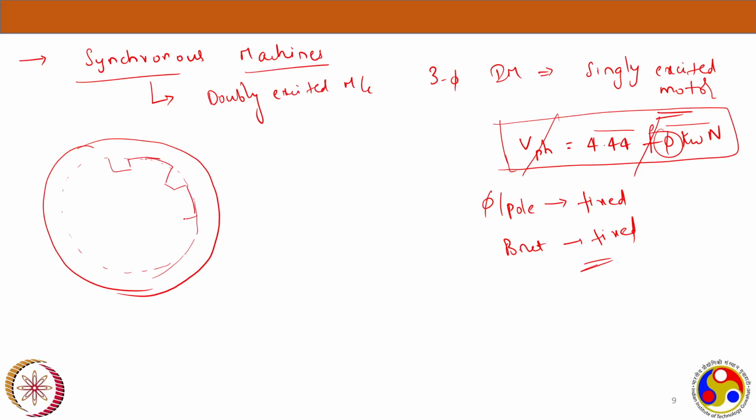I'm drawing the stator teeth now. Let's say your stator is like this, and you have a balanced three-phase winding in the slots of this particular stator.